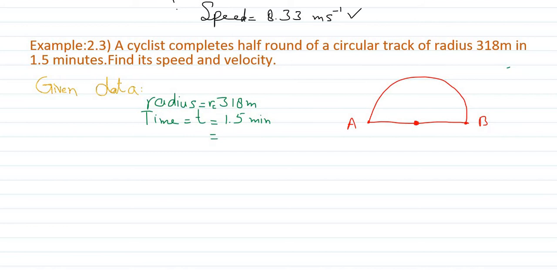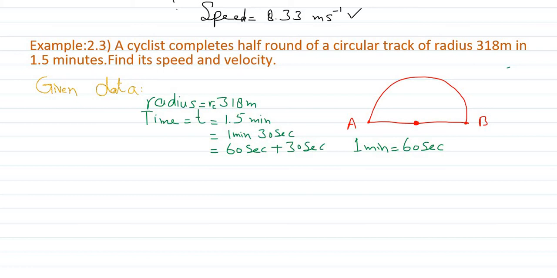Here 1.5 minutes are given, meaning 1 minute and 30 seconds. Here we have to convert minute into second. You know that 1 minute contains 60 seconds, that's why I can write here 60 seconds plus these 30 seconds.